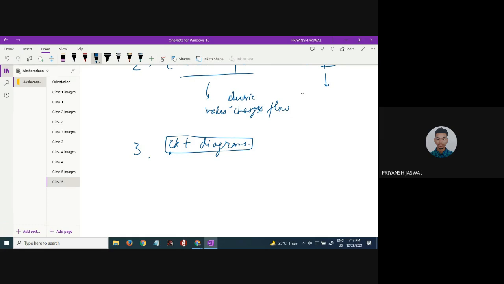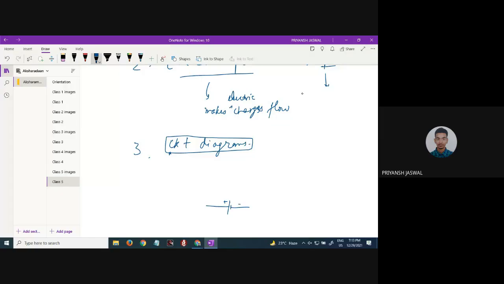And an electric circuit is basically a combination of a power supply, that is a battery, some electrical components, a resistor, a bulb, and you can put in a plug key also, or maybe a mechanical switch. If we flip it down, then the current will flow through this system, which is called an electric circuit.